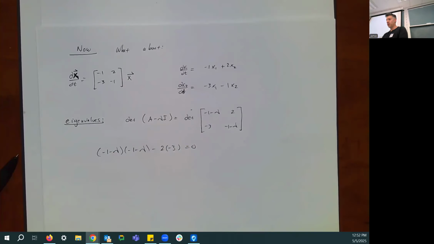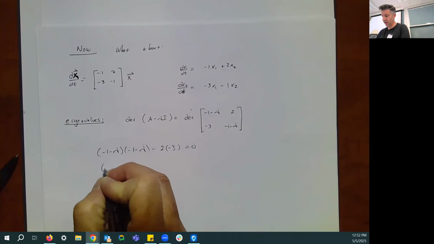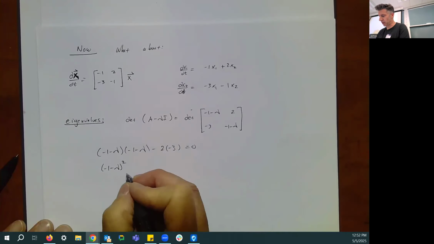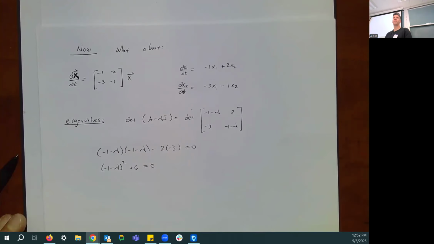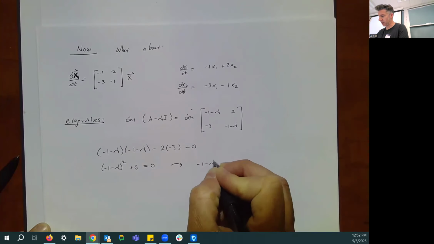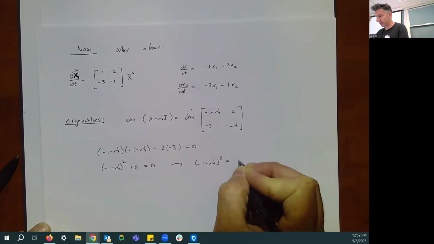But here, since I have -1 minus lambda times another -1 minus lambda, I could just write -1 minus lambda squared plus 6 equals 0. Then I could bring the 6 over to the other side and write it as -1 minus lambda squared equal to -6.